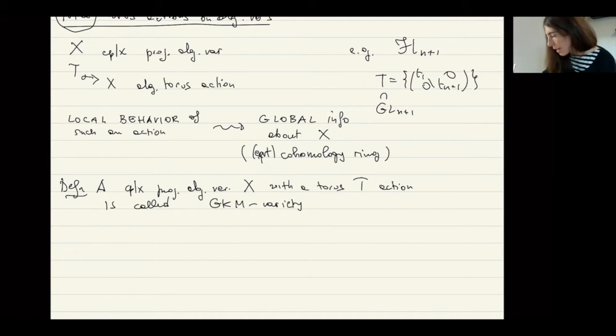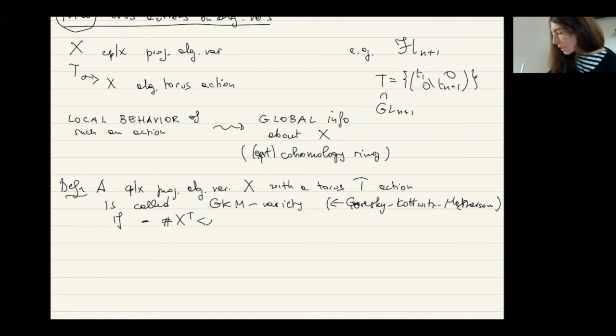And again, GKM comes from Goresky, Kottwitz and MacPherson. If, first of all, I have a finite number of fixed points, and a finite number of one-dimensional orbits. Let me tell you right away that this is a strong assumption.